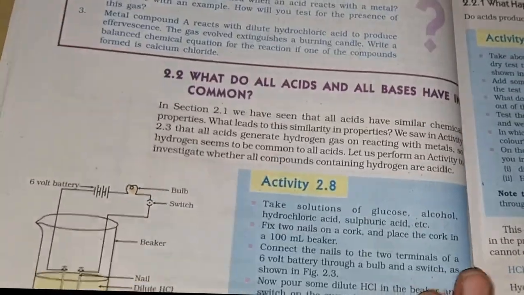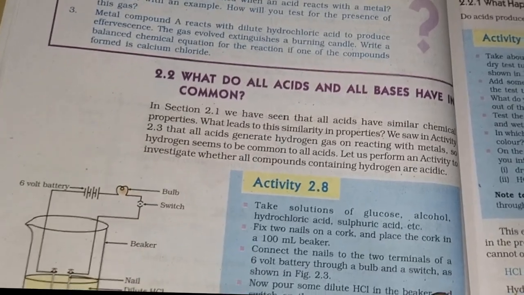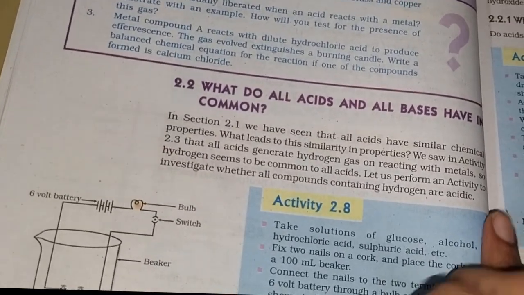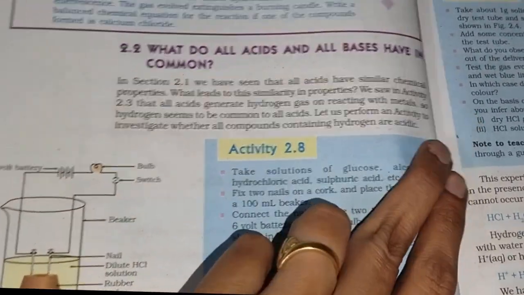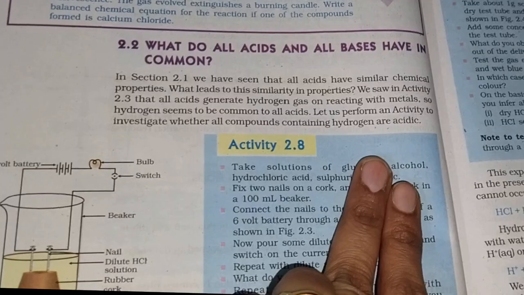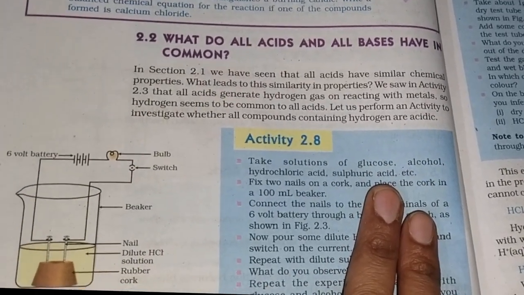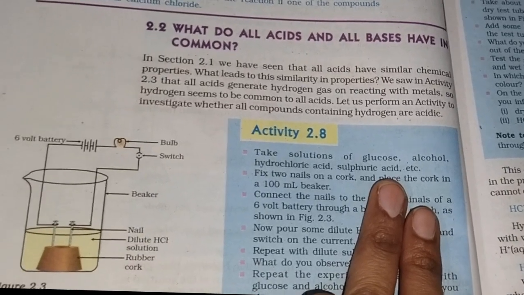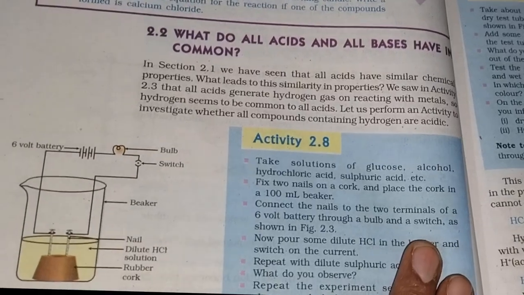Then when we see acids and bases, what do all the acids and bases have in common? We can confirm it by activity. We have seen that all acids have similar chemical properties. When we see the chemical properties for all the acids, we give generalized chemical properties, like metals react with acids to release hydrogen gas, or when acids react with sodium carbonate or sodium bicarbonate, they release carbon dioxide gas.